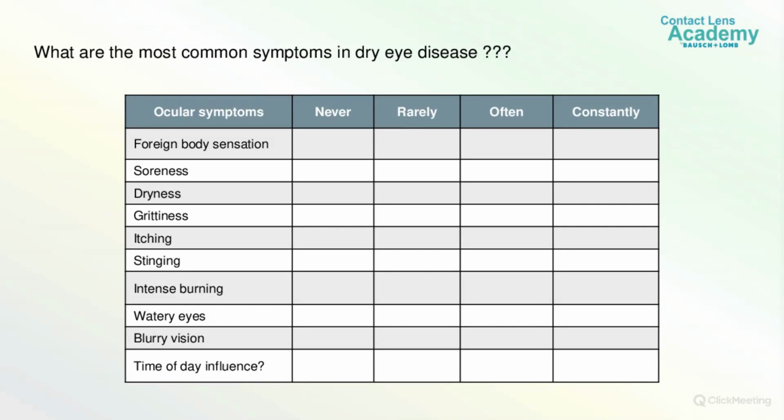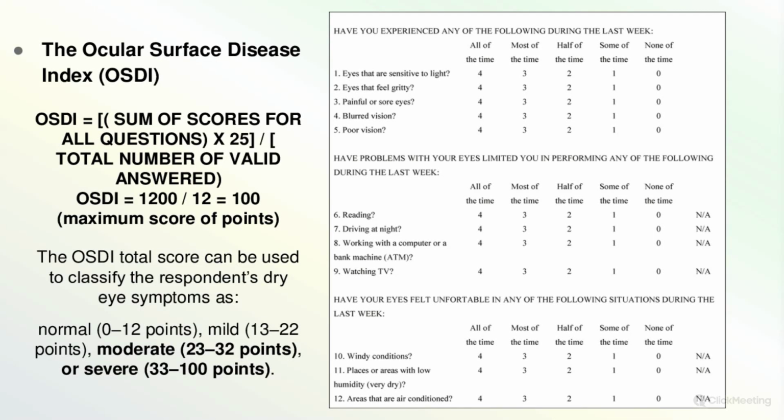For example, you can see on the screen some questions you could ask your patient, and also add to your patient card and mark how she or he feels right now. The second thing you could do is evaluate the patient before the exam with a questionnaire. In my next slide, I'm going to show you one of them.